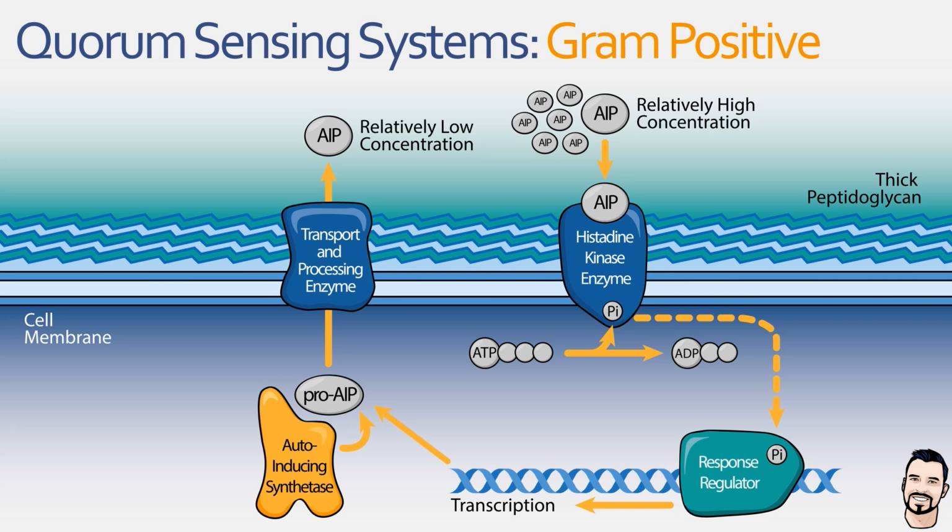Now, this phosphate group is then transferred to a response regulator inside the cell, leading to changes in gene expression. Now, as is common of all quorum sensing systems, there is a positive feedback loop where the response regulator upregulates both autoinducing peptide production and its own signaling components, ensuring a rapid and synchronized response across the bacterial population.